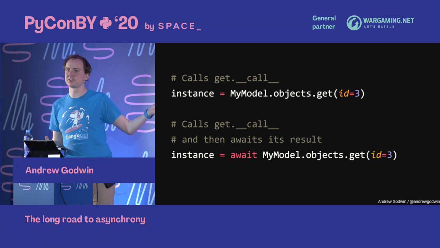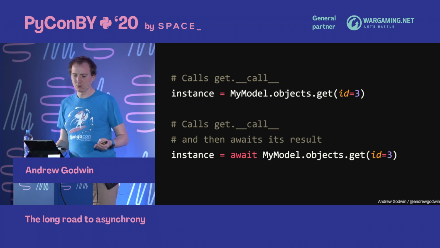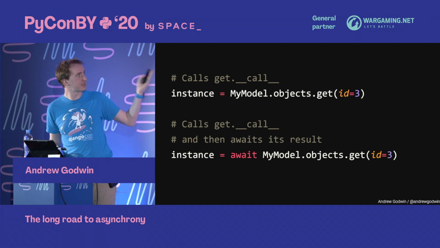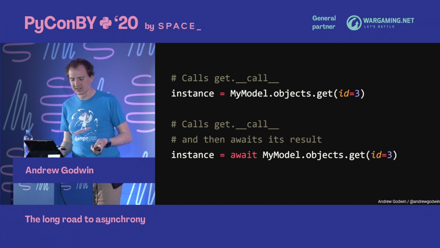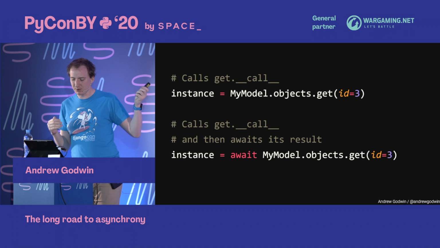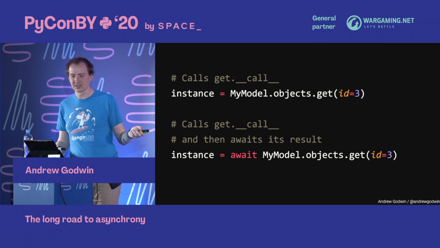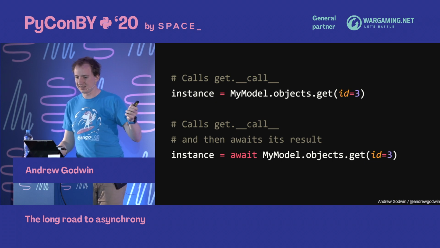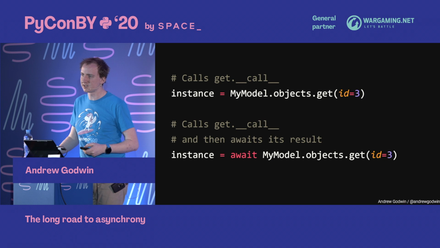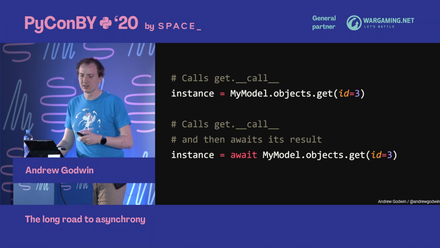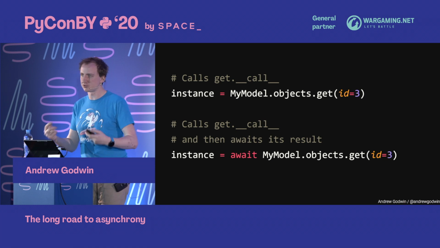Take, for example, these two Django ORM calls. We would love to have this second bottom line work. I would like nothing more for that to work. The problem is that both of these particular calling styles first call __call__. And then, if it returns a coroutine, the asynchronous stuff happens on the second one. But you can't tell when it calls you initially what it's trying to do.